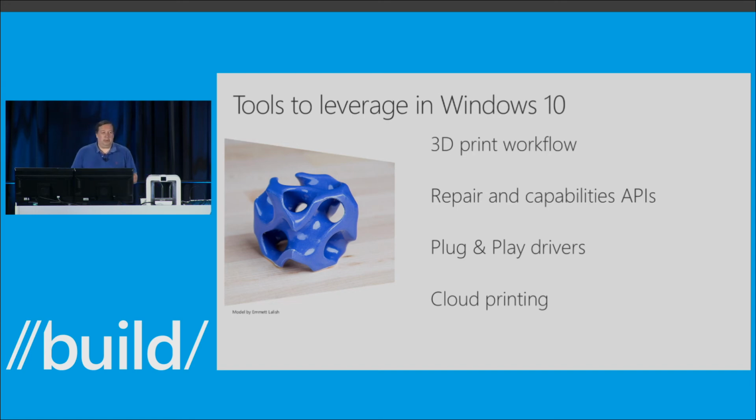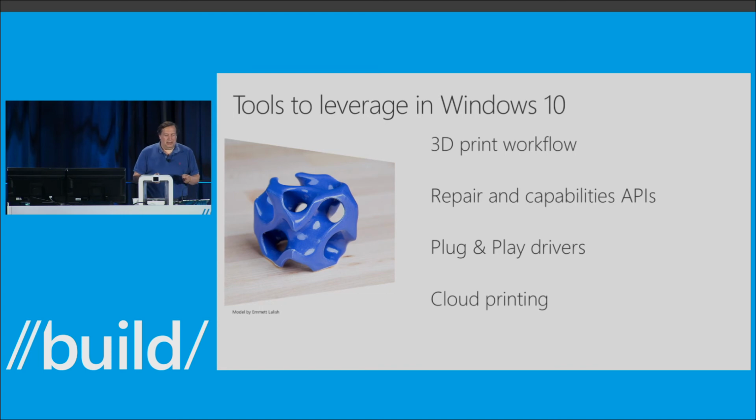Repair, many other people call it healing or fixing, but what we call repair is fixing a model so that it can be prepared to print. A model could be filled with holes. If you had, for instance, an animation program, and that animation program had a bunch of cartoon characters in it, it doesn't have to be a solid model.